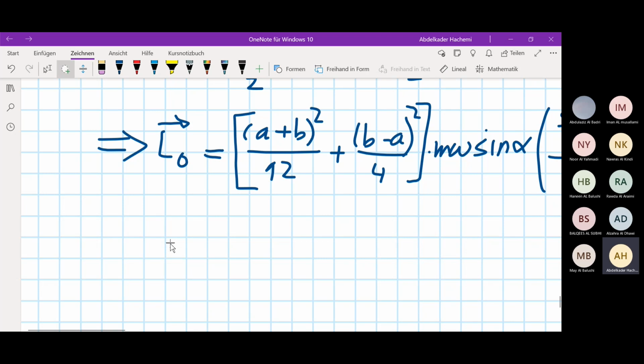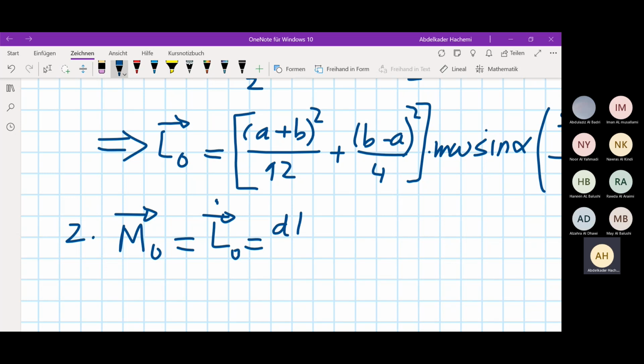Okay, now for the second question, that's what we have here to determine the reaction. We know that the moment at point O, it's only defined by L dot, about the same point, dLO divided by dt.